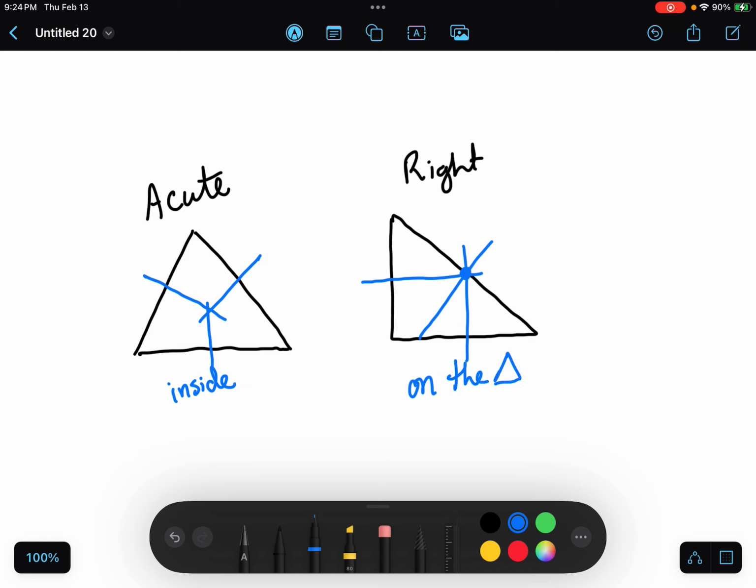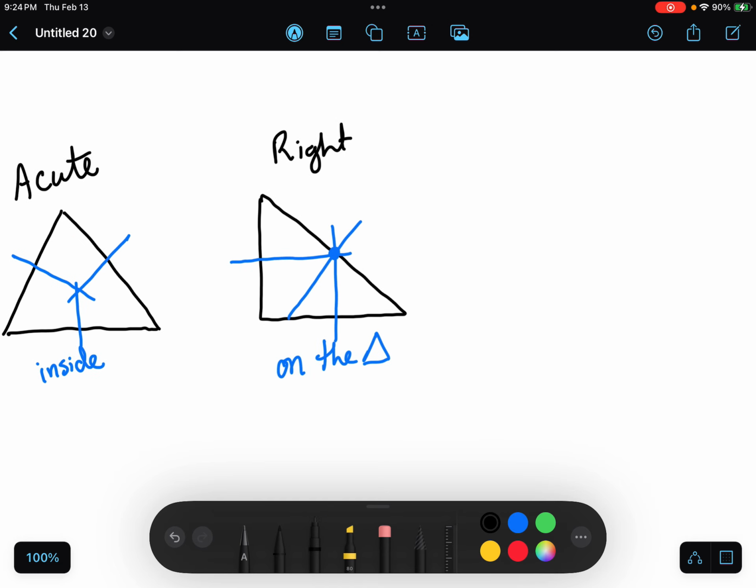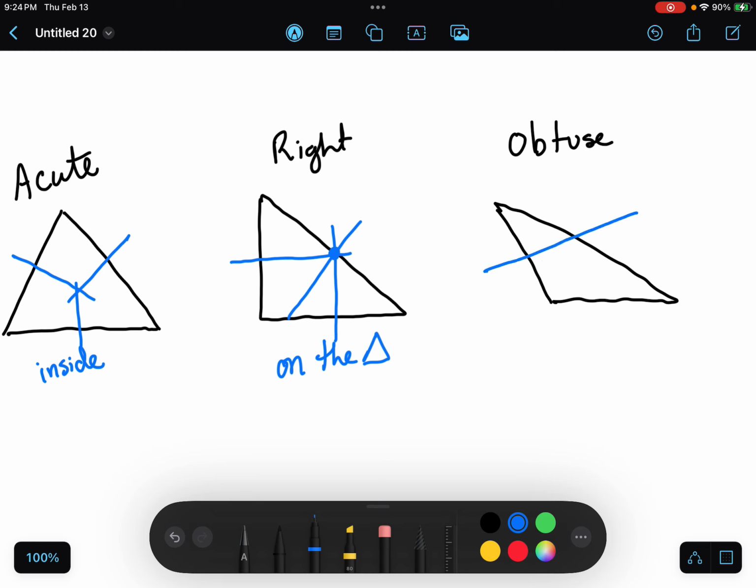So for a circumcenter on this one, it's going to be on the right triangle. And as far as the last one, the obtuse triangle, if I make all those here, here, and here, now you notice the circumcenter is outside.